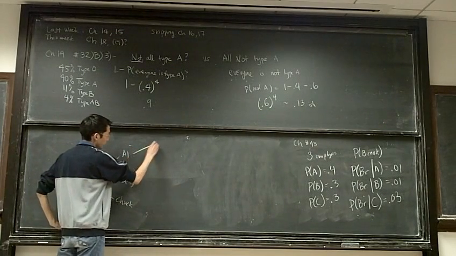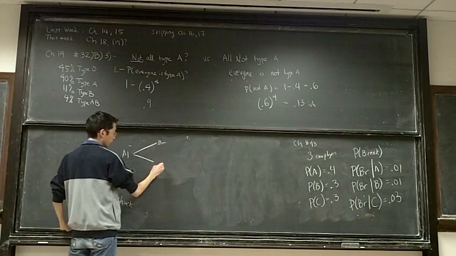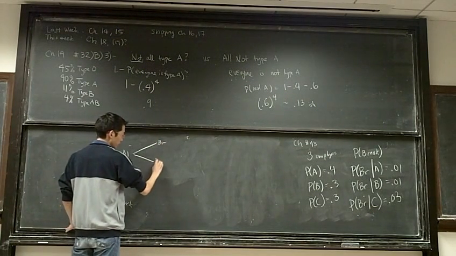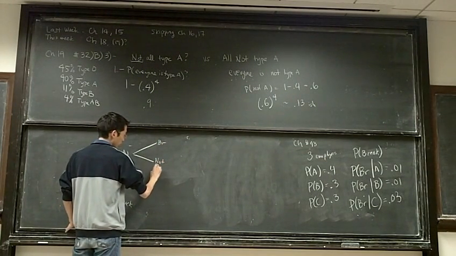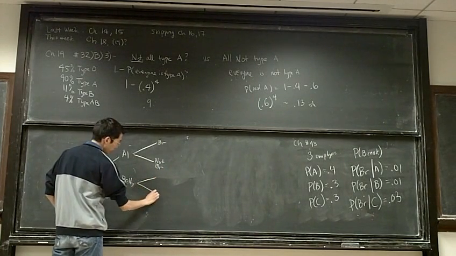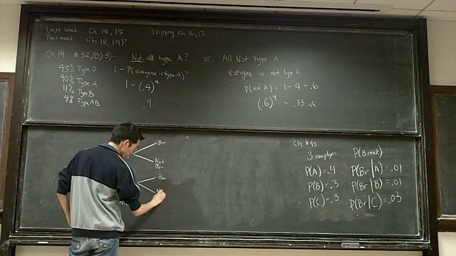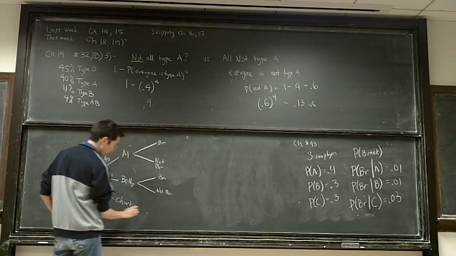So from Al, a dish can be broken or it can be not broken. So I'm going to have BR and not BR. Betty can break her dish or not break it. And same with Chuck.